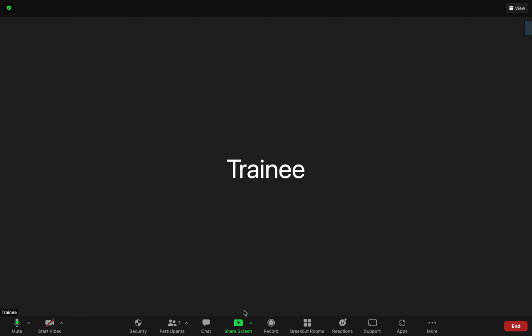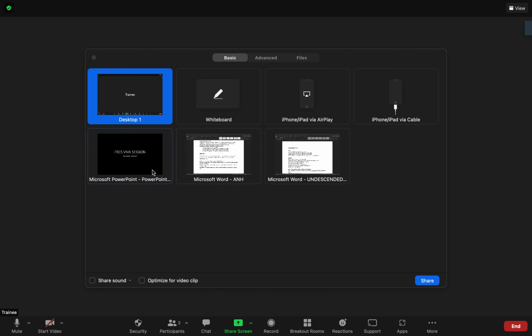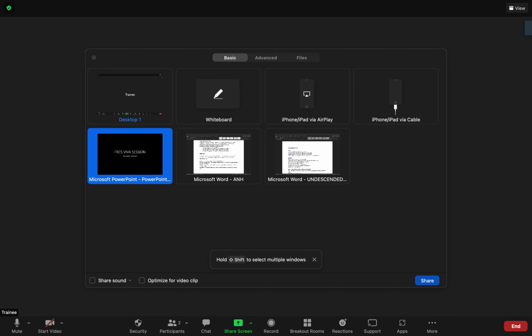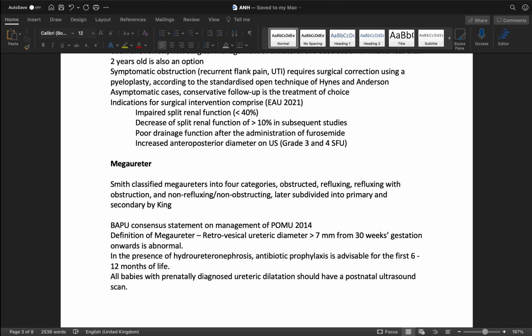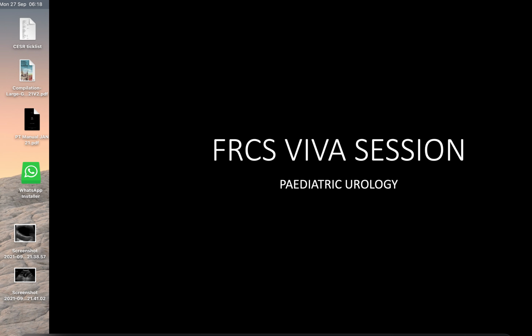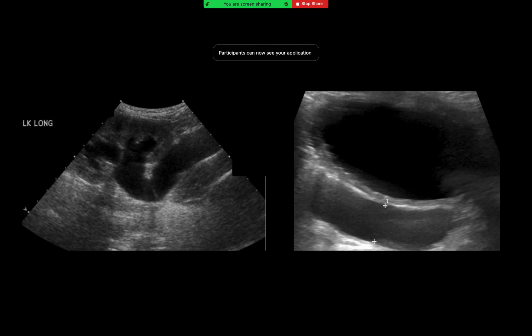I'll share the screen now. So I'm using my phone, but I hope I'll see it properly. Can you see this? Yes, I can. So this is a grayscale ultrasound scan demonstrating, it doesn't say which side of the kidney, but we know it's the left side.